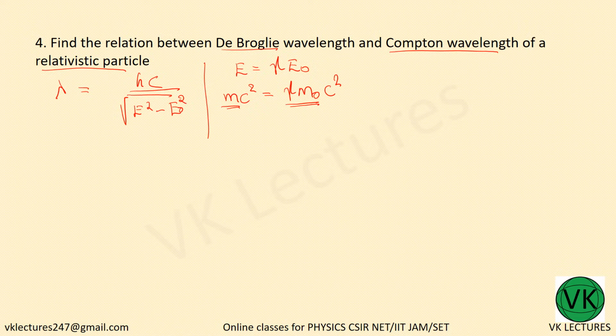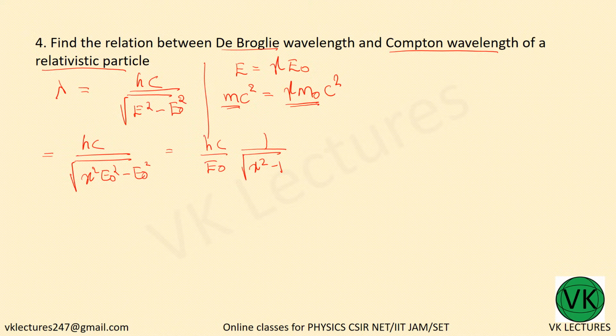Now substituting the value of E, lambda is equal to hc divided by under root gamma square E naught square minus E naught square. So that's equal to hc by E naught into 1 divided by under root gamma square minus 1.